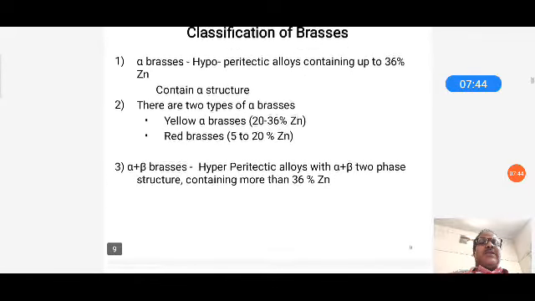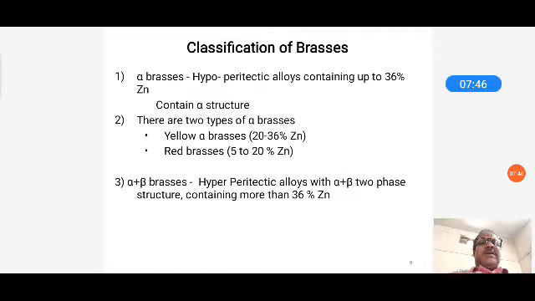Now the classification of brasses. The alpha brasses are hypoperitectic alloys containing up to 36% zinc, with a structure containing only alpha phase. There are two types of alpha brasses: yellow alpha brasses, with 20 to 36% zinc, and red alpha brasses, with 5 to 20% zinc.